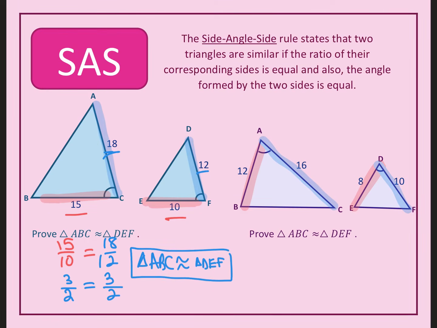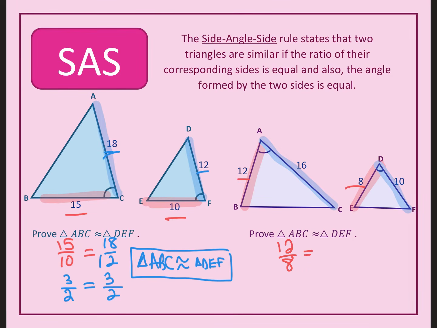For the second set, again, we look for that angle. Do they have a corresponding angle? So this angle matches. So even if the shape gets smaller or larger, the angle can still remain the same. So it does have the included angle. And now I'm going to check 12 over 8.